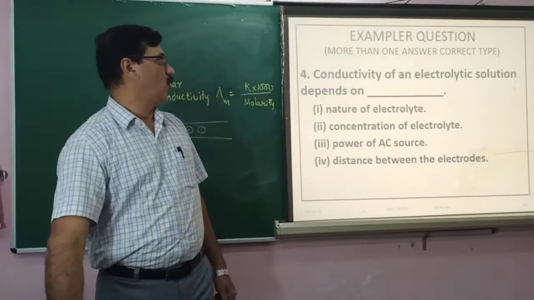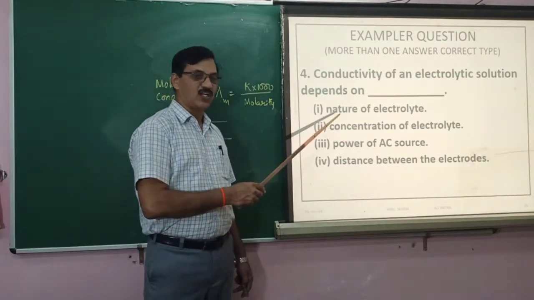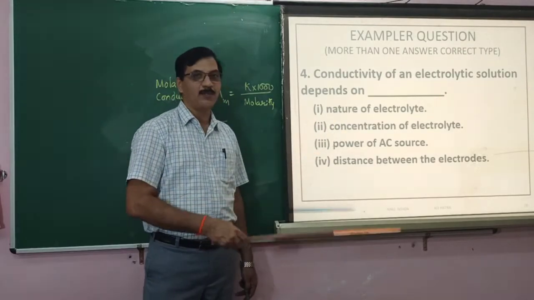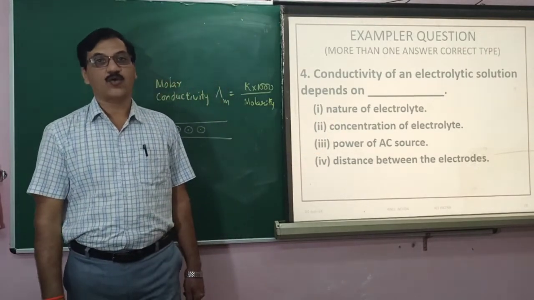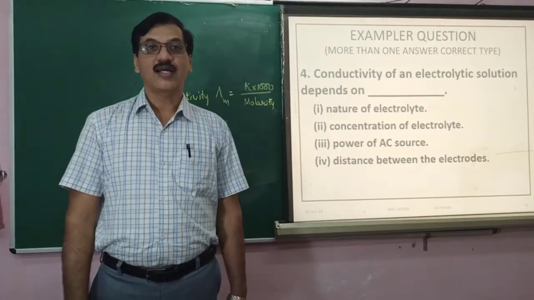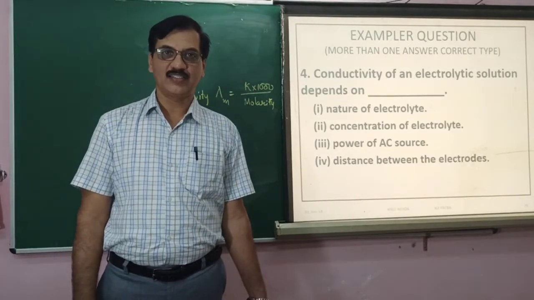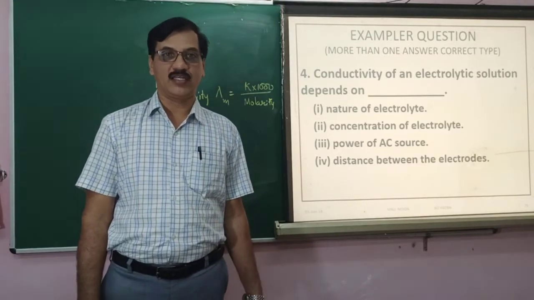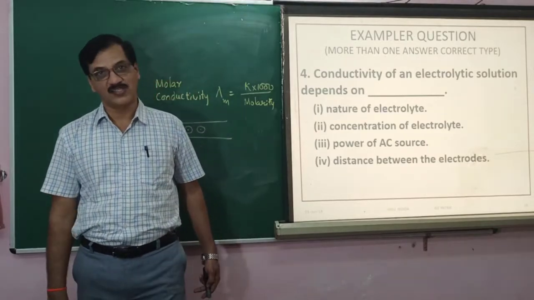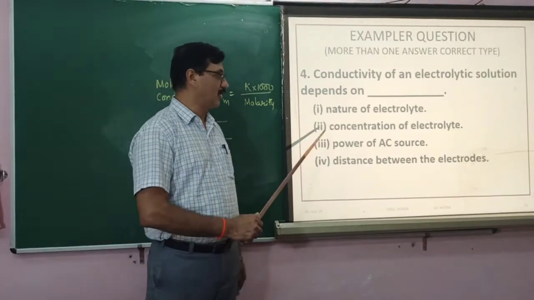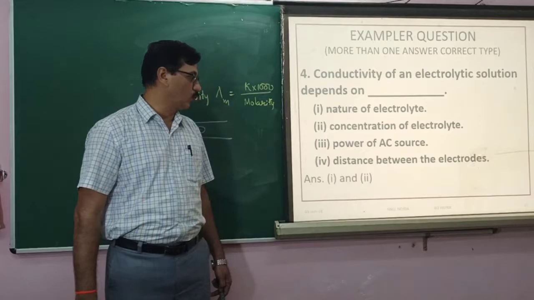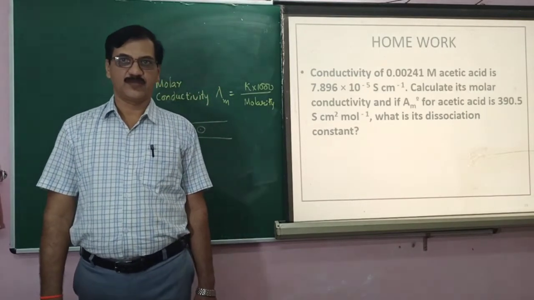Conductivity depends upon nature of electrolyte, and also it depends upon concentration. As the concentration increases, conductivity increases, kappa value increases, but lambda m decreases. That is a thing to be remembered. So 1 and 2 both are the answers of this.